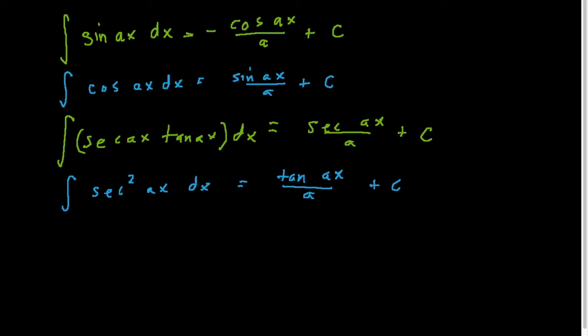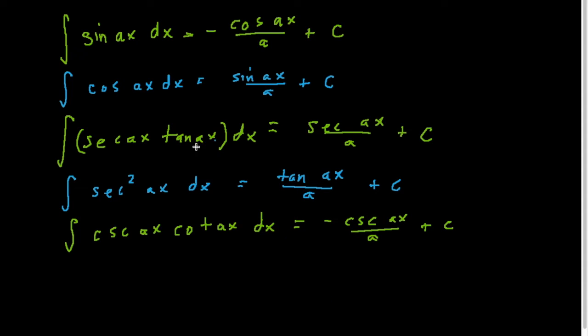We've got a couple more to do before we actually show you how to use them. We could do cosecant ax times cotangent ax, all of that dx, all this with respect to x, and that just turns back into negative cosecant ax over a plus c.